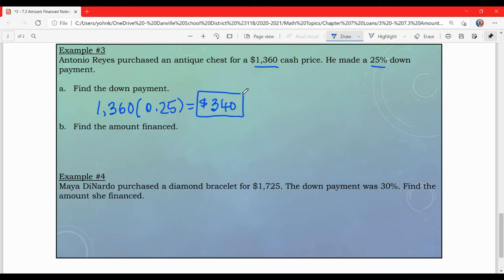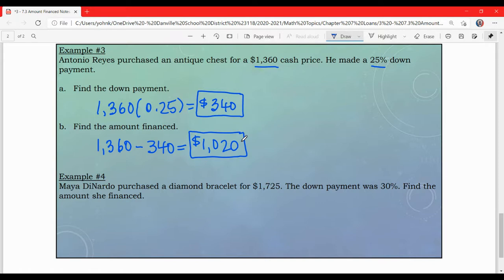To find the amount financed, I take the cash price of $1,360 and subtract the down payment I just calculated, $340, which means Antonio is going to borrow $1,020. This is not calculating interest yet. This is simply how much he's going to borrow.